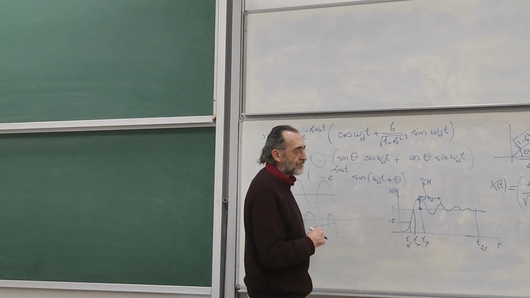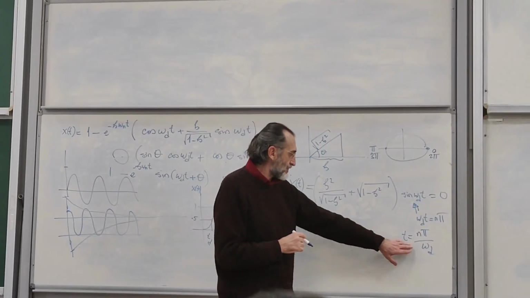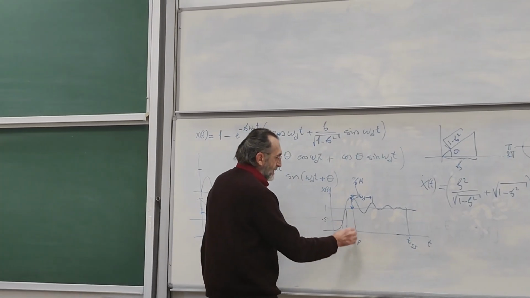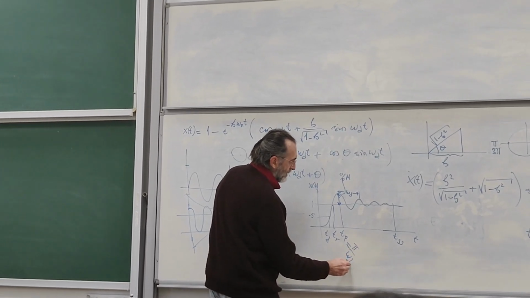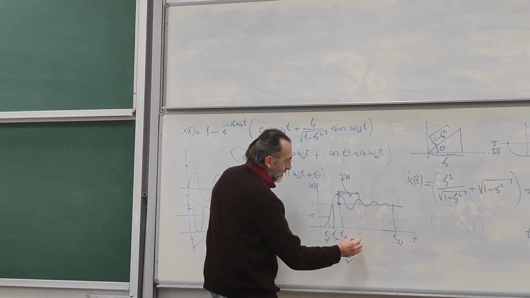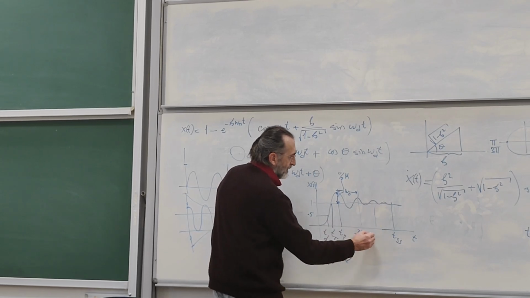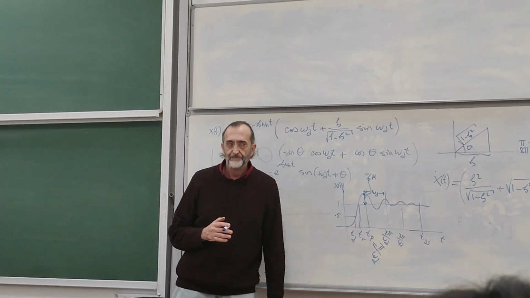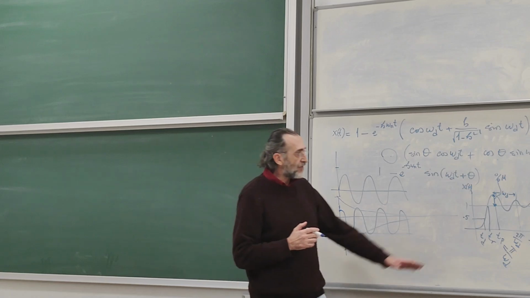The first time this is equal to that is when n equals 1. So this peak corresponds to pi over omega d. The second peak corresponds to 2 pi over omega d. The third peak, 3 pi over omega d, and so on. You follow this logic?